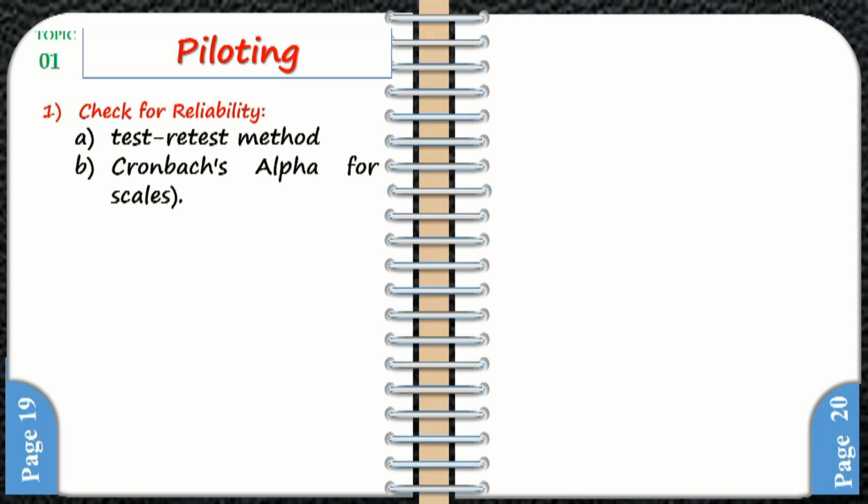You can use the test-retest method to check the reliability, or use internal consistency measures like the Cronbach's alpha scale, where a Cronbach's alpha of 0.8 and above is recommended.